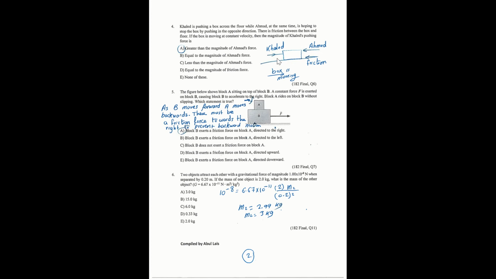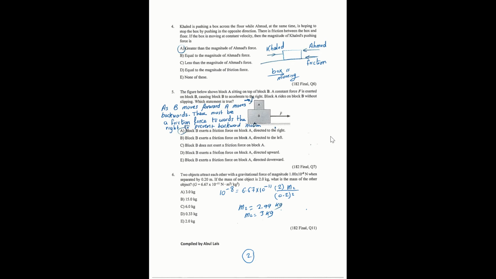And why is that? Because if the box is moving at a constant velocity, it means that the net force acting on the object equals 0. And that means that Ahmed plus friction equals Khalid's force. So it means that Khalid must be greater than Ahmed.